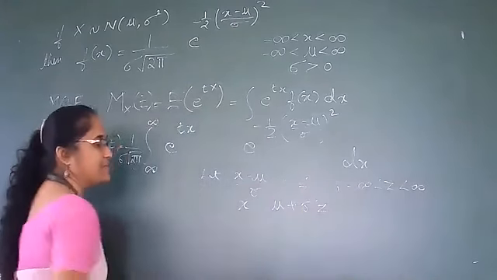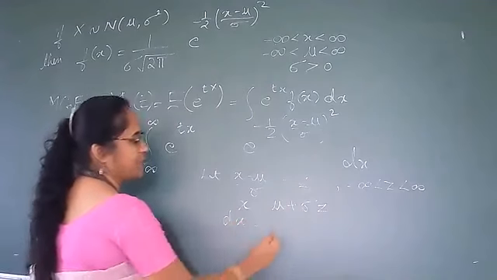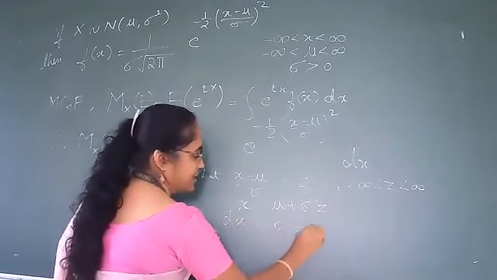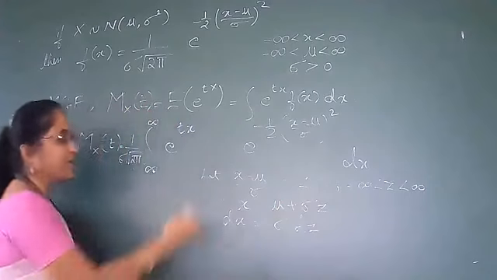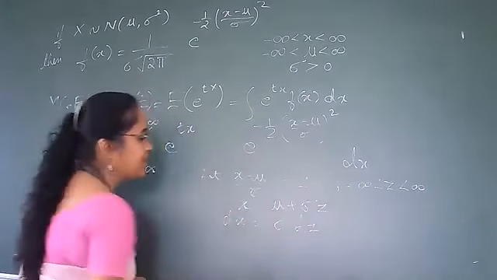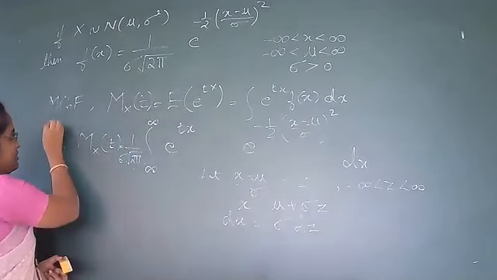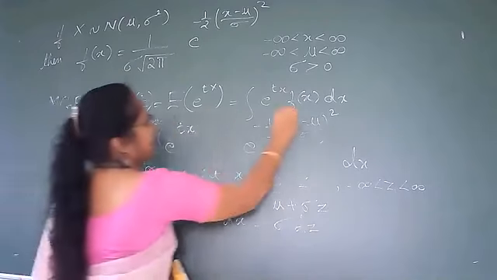X can be written as mu plus sigma z, and when I take the differentiation of this, I get dx equal to sigma dz, because the variable over here is z and mu is a constant. Now I'm going to plug this into the equation that we had.